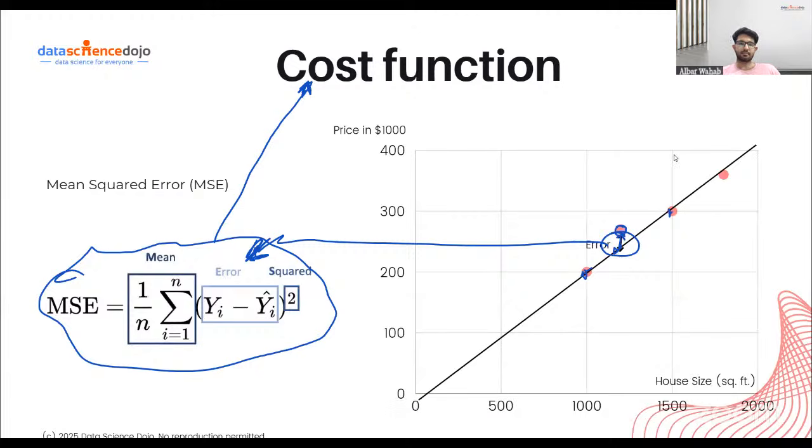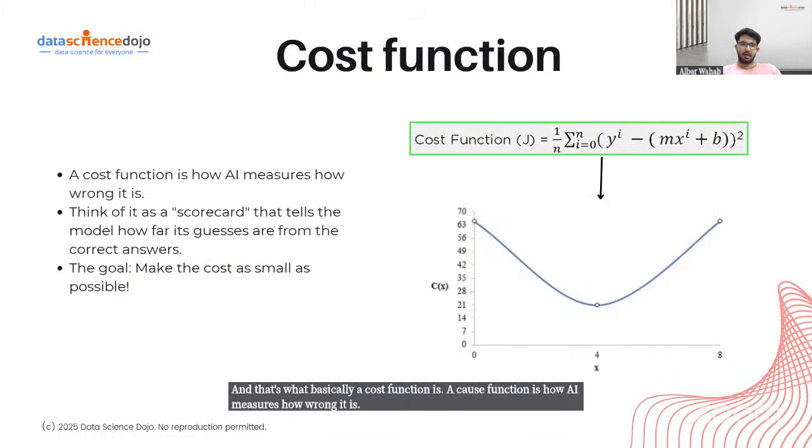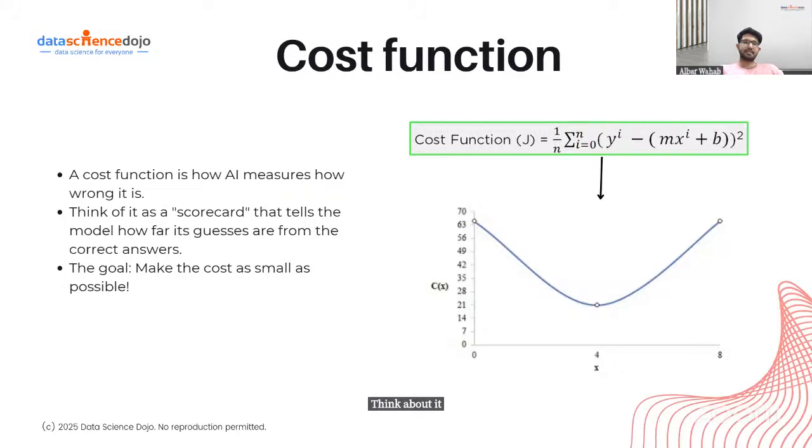A cost function is how AI measures how wrong it is. Think about it as a scorecard that tells you how far the model's guesses are from the actual answers. For example, if a model predicts 3 and the actual value is 5, there's a distance of 2 between the real value and the predicted value. That is represented with the help of the cost function.